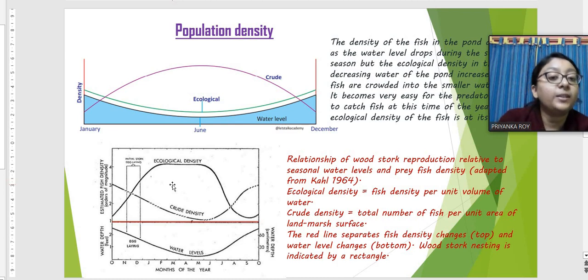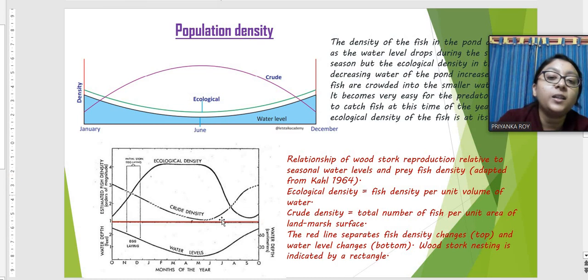So this is a very good example of how population density plays a role in the predator-prey relationship, and also in their reproductive pattern and reproductive ability. So when the water level is down, the crude density is also down, because the wood stork is feeding on these fishes constantly.